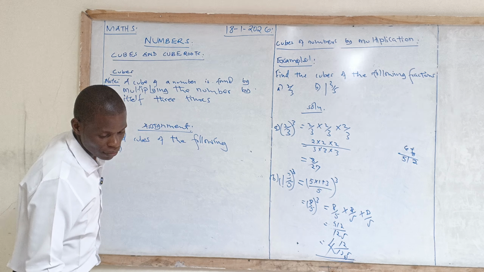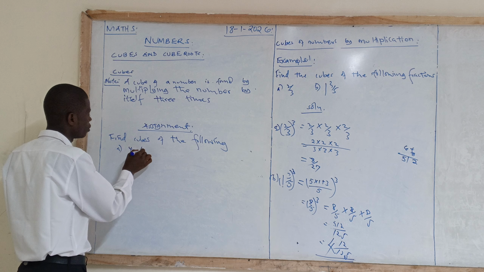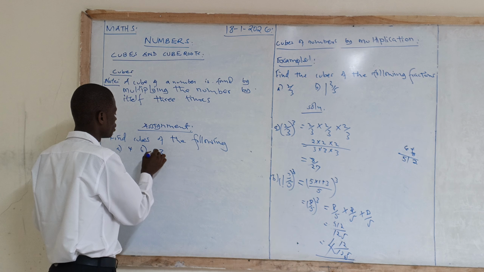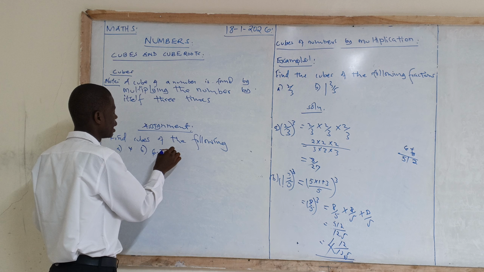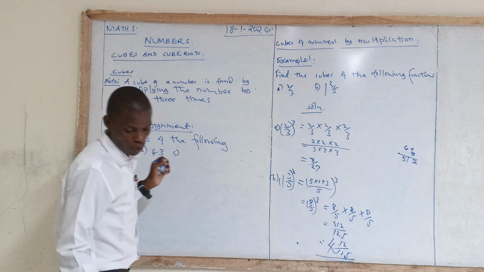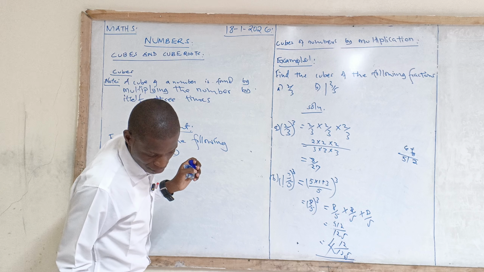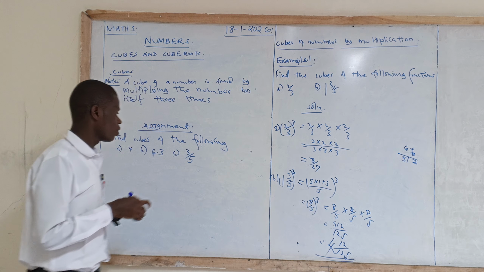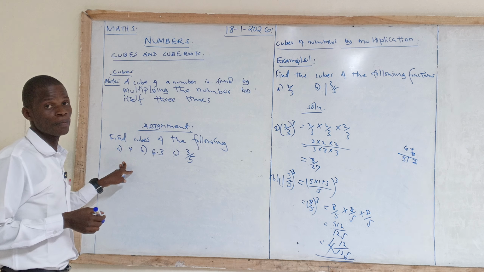A, we have 4, B, 6.3, and C, we have 3/5. So find the cubes of the following.